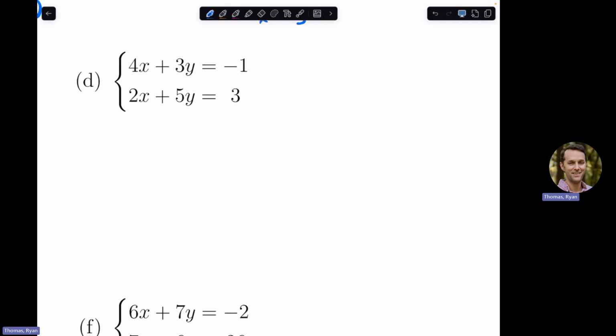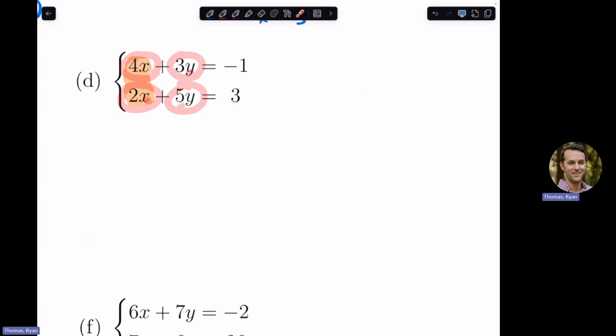Okay, what do you think? Times divided by 2. Okay, why? To get the x's to be 4 and 4. Okay, so the first thing I would look at here is the coefficients on everything: 4 and 3 and 2 and 5.